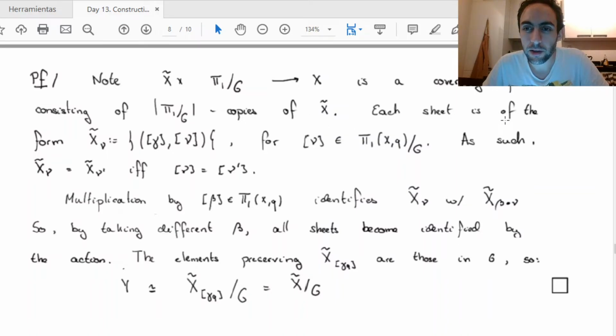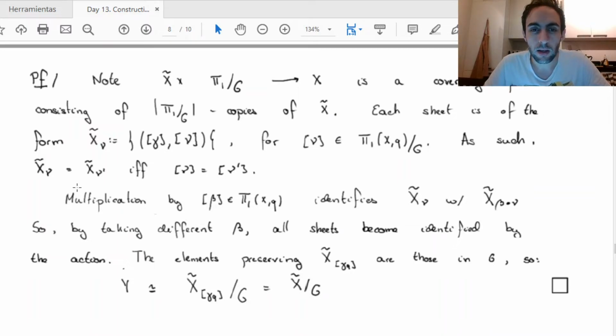Here I've given each sheet a name, because each sheet is basically an element in X tilde times some nu, for nu fixed. And these nus are elements here. So basically, I'm saying that if I have two different loops, and they represent the same class in the quotient, then in fact the sheets are the same.